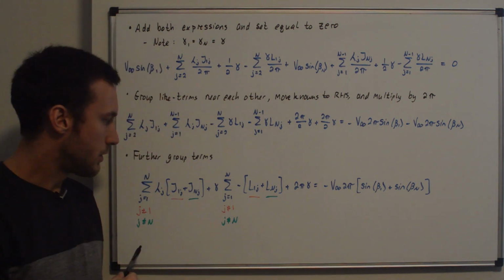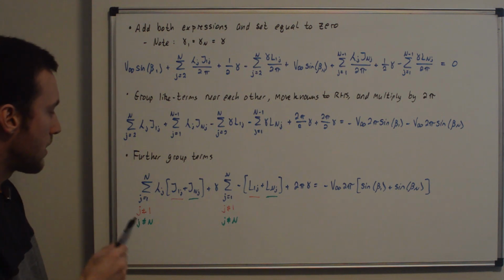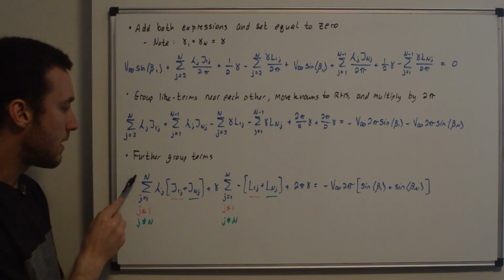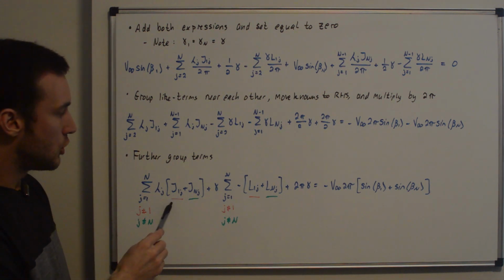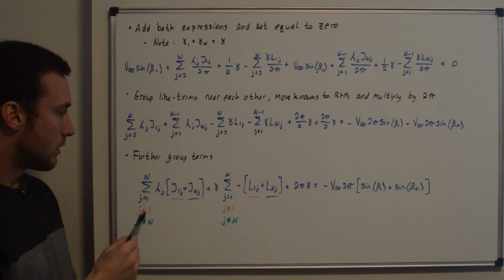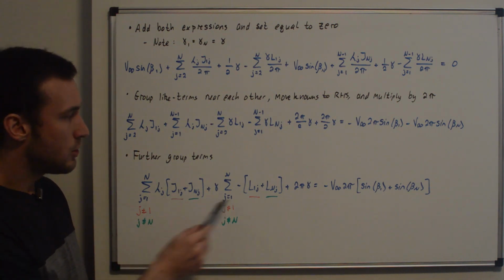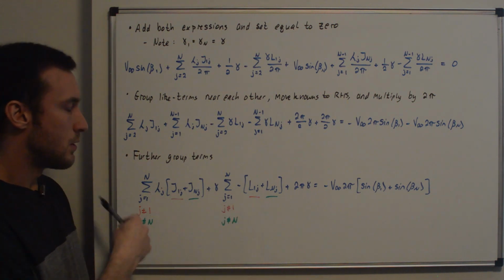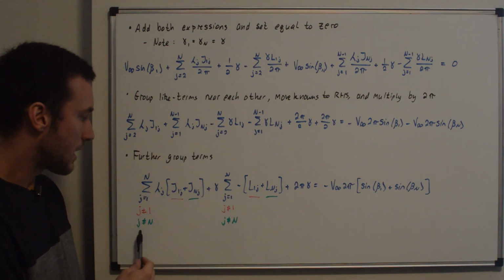Okay, so back to these color terms for a second. You'll note that I'm doing the summation from j equals 1 to n, and so these are showing that the J1j and the L1j terms are only supposed to be included in the summation when j does not equal 1, and for the Jnj and Lnj, they're included as long as j does not equal n.